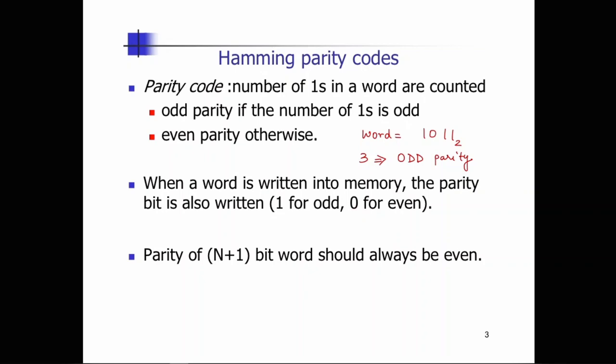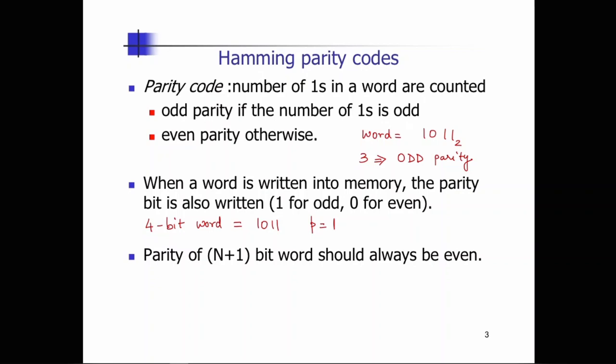So for example, our previous 4-bit word was 1011, and our parity bit, say small p, because it was odd parity, is 1.